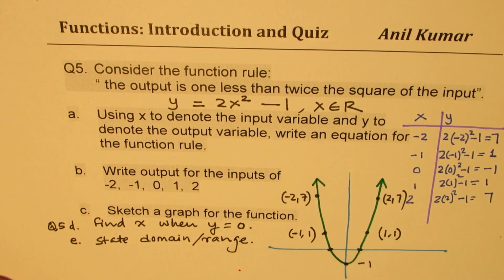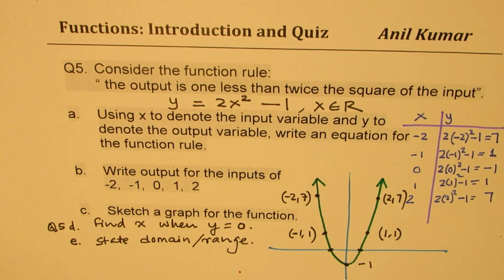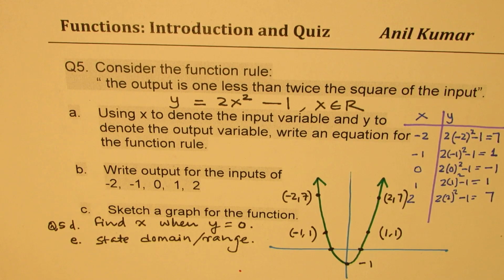Perfect. So these are 2 additional parts to question number 5. You can answer these questions, put them in comments, and then I'll check and write down the right answers for those, correct? So I hope this exercise helps you to understand the basic concepts of functions, and these 5 questions give you a wide variety which you can expect in your test, right?